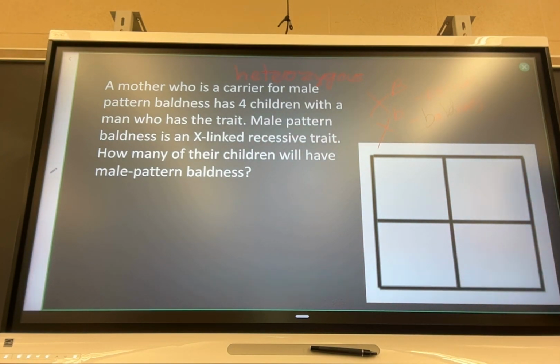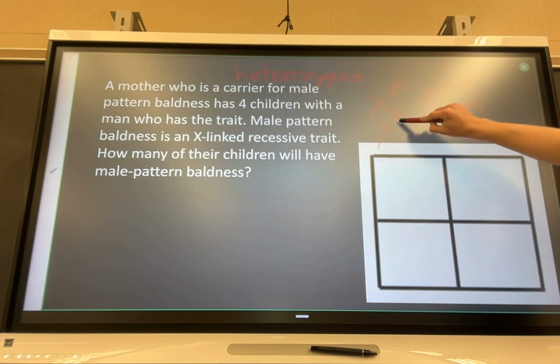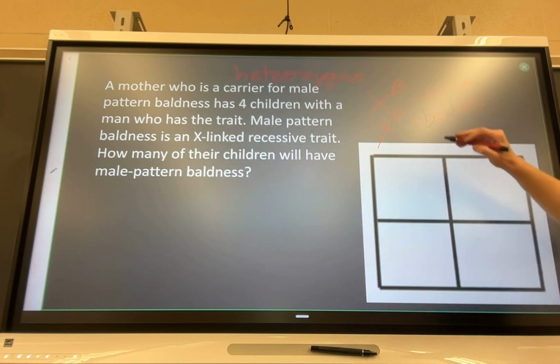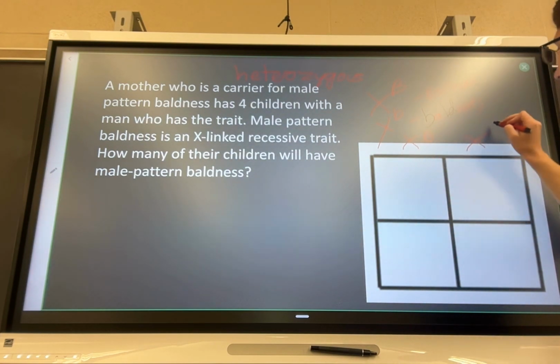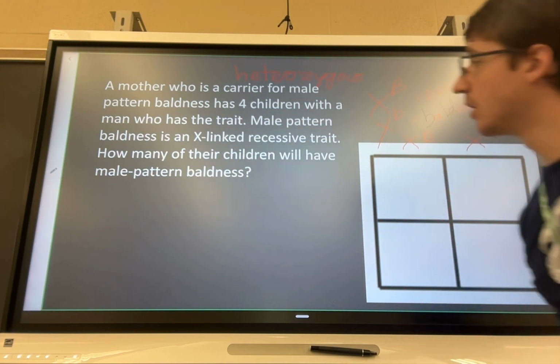So male pattern baldness is an X-linked recessive trait, meaning we have to have 1 or 2 of these X chromosomes with the recessive trait if we're going to get it. So if we have 4 children, what is the chance that they are going to have male pattern baldness? Her mom, we said, is heterozygous.